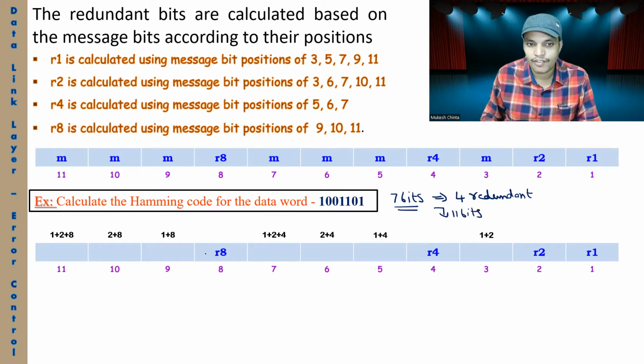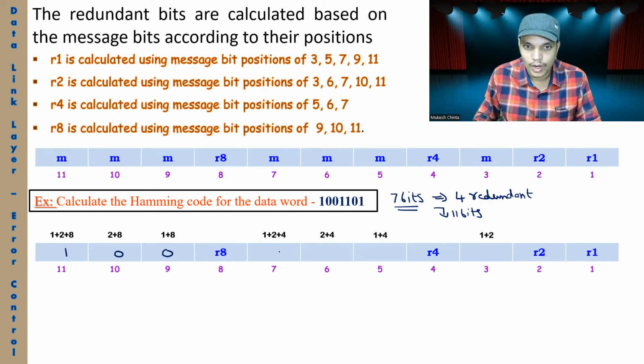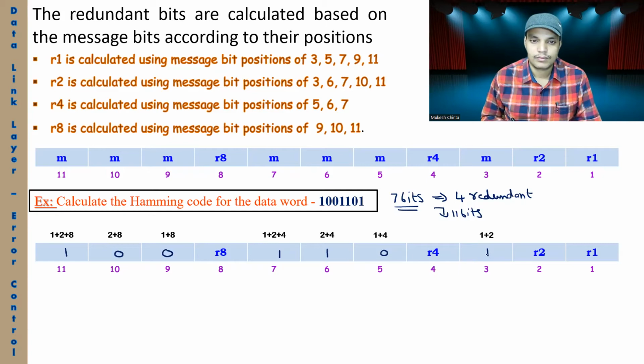And I have written the 11 bits like this in a table. And I have already written down the 4 redundant bits in their corresponding positions of powers of 2: 2 power 0, 2 power 1, 2 square, and 2 cube. The remaining data bits occupy the remaining boxes. So 1, 0, 0, 1, 1, 0, 1.